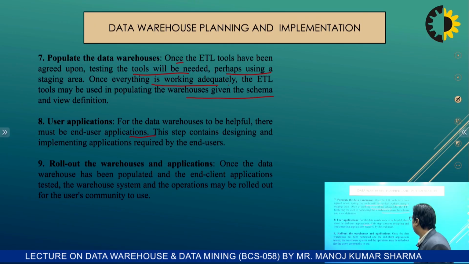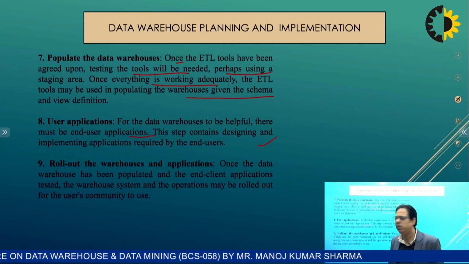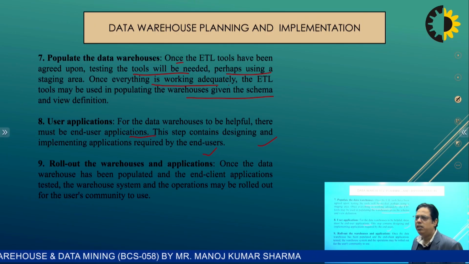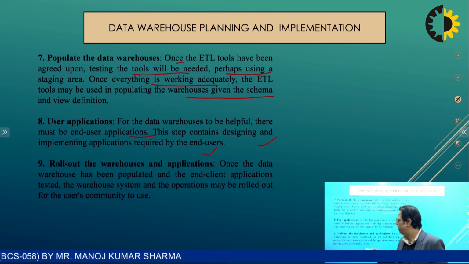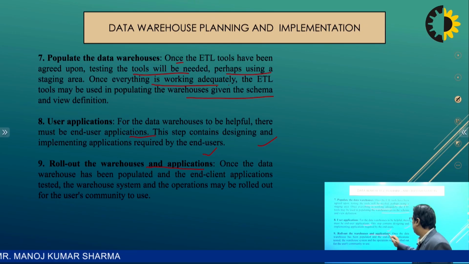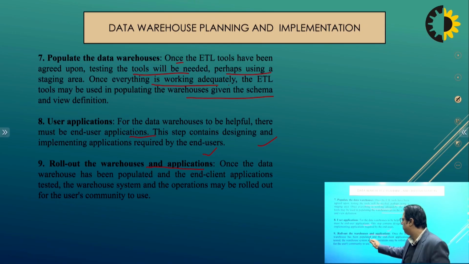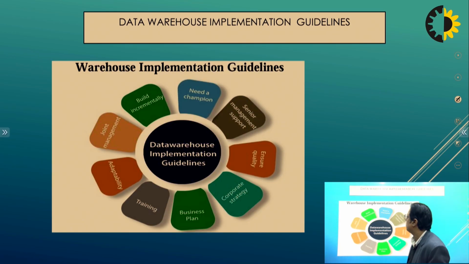This step contains designing and implementing applications required by the end users. After implementing all the process and content, roll out the data warehouse and applications. Once the data warehouse has been populated and the end client applications tested, the warehouse system and the operations may be rolled out for the user community to use, and launching the marketing environment.